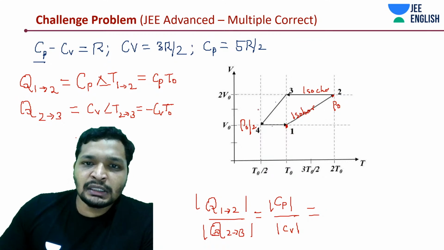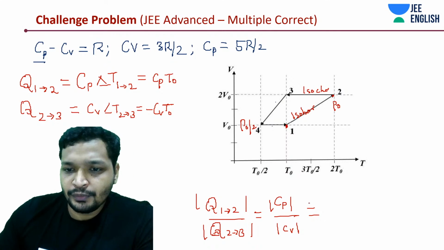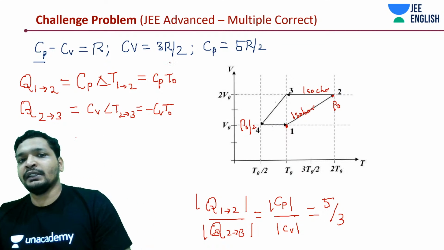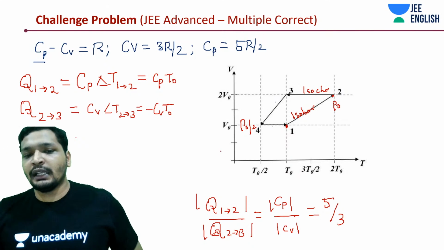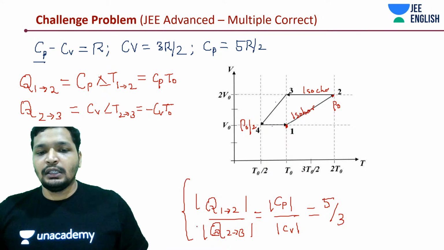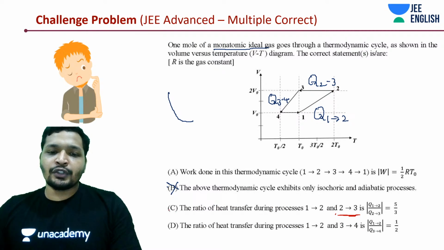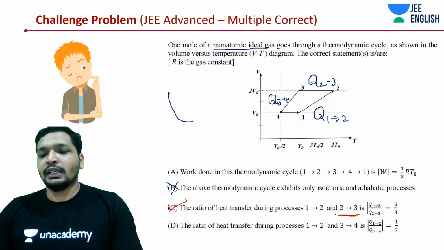Okay, Cp is 5R by 2. So it's basically 5 by 3. 5R by 2 divided by 3R by 2. 2 cancels out. R cancels out. 5 by 3. So the reason I also took up this one is at least we would score 1 mark if we had marked the correct one.